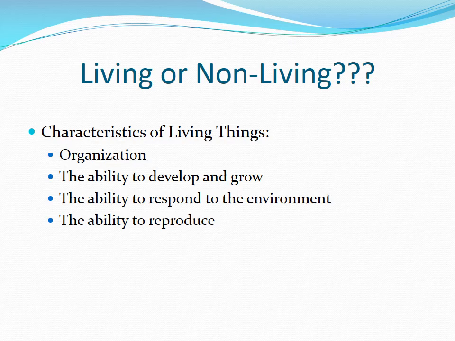And you might think of a plant. A plant responds to its environment. If it's not getting a lot of water, it's going to shrivel up, and that's a sign that its environment has done something to change it. And last characteristic of living things is the ability to reproduce, so to make more of itself.